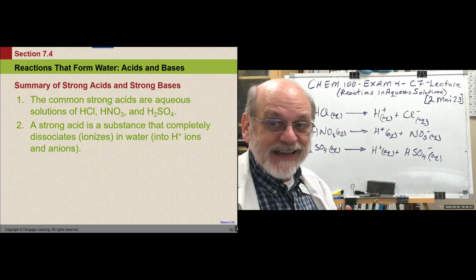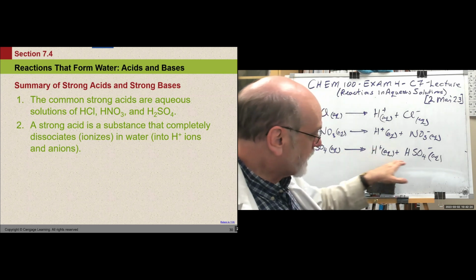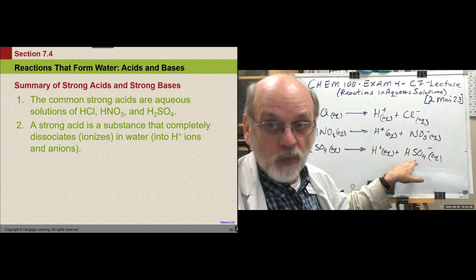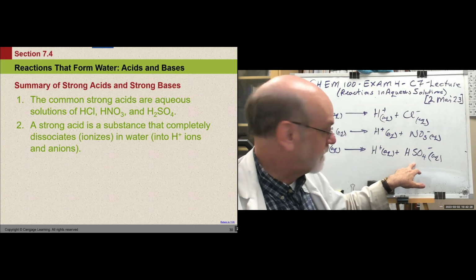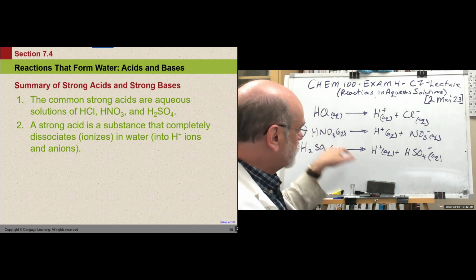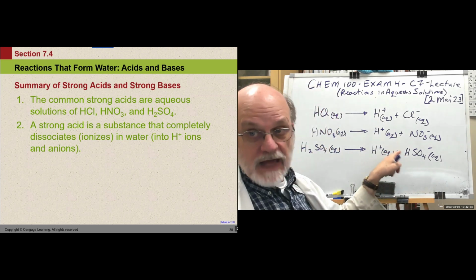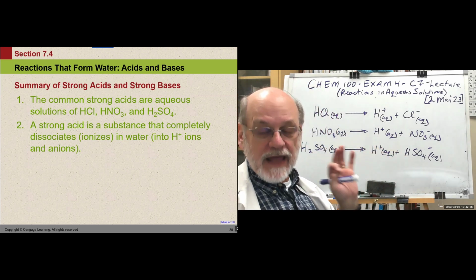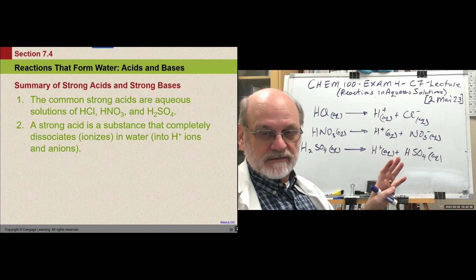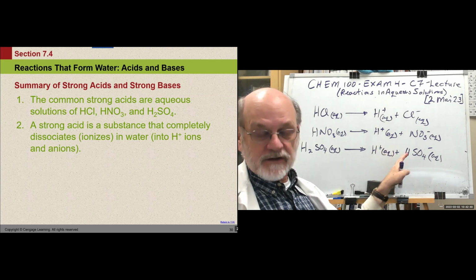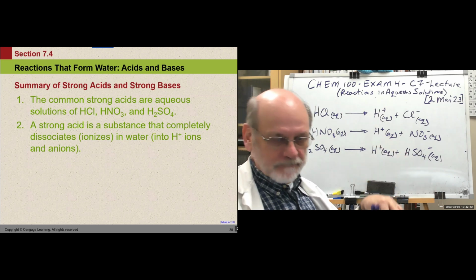Those are all strong acid dissociations. If you want that second ion from sulfuric acid, this is a weak acid. Okay? So this is the strong acid reaction. Now you can still get that hydrogen off of there in a reaction with a base. Right? It's not fixed. It will come off.